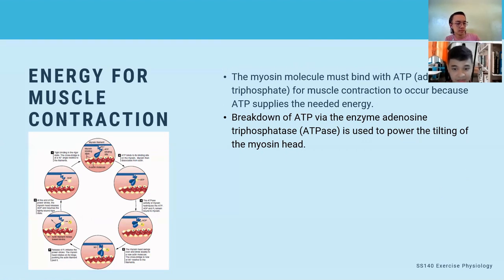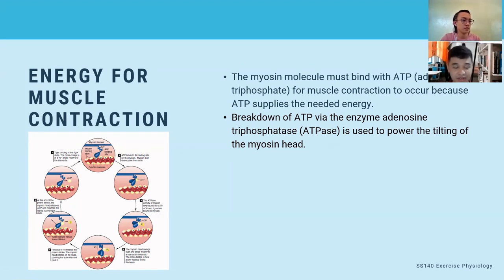Myosin must bind to ATP because it supplies energy for the muscle to contract via ATP hydrolysis and allows the myosin to bind to actin and tilt the myosin head for the contraction to occur. So the cross bridge formation, in order for that to happen, there is calcium ion. For that, it requires energy. So when the myosin head binds to the actin molecules, it requires energy.